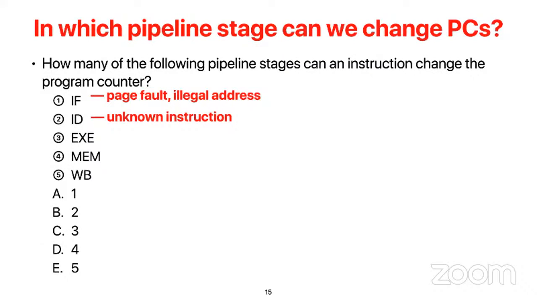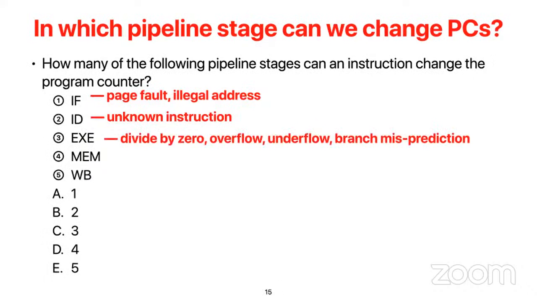And the execution stage, there are a lot of things that could happen. For example, not just branch misprediction, there could be overflow, underflow, divide by 0. Those are exceptions that would need a special handler in the operating system. And as long as you need an exception handler, the handler itself is just software and code, so your program counter will change.